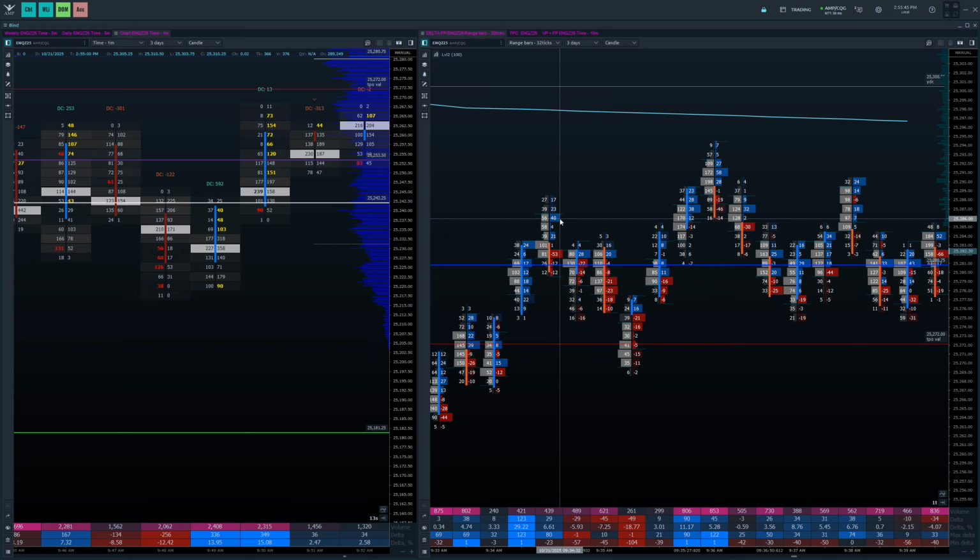So if we have a positive 40 here, it means we had 40 more buyers than sellers. So maybe like 80 minus 40, for example, right? We have 80 buyers and 40 sellers, so we're going to have a positive 40 on the delta here. All right, so that is one way to read these.